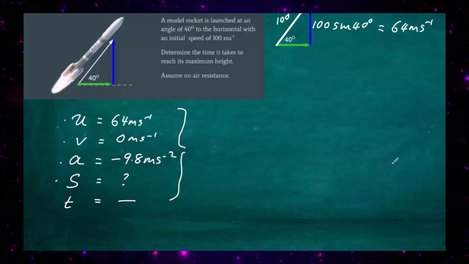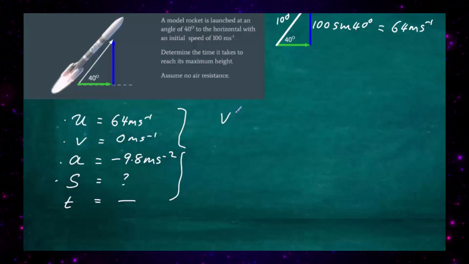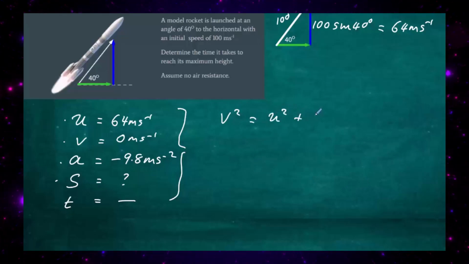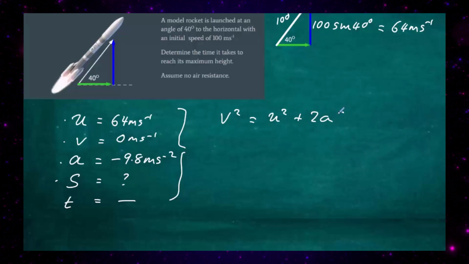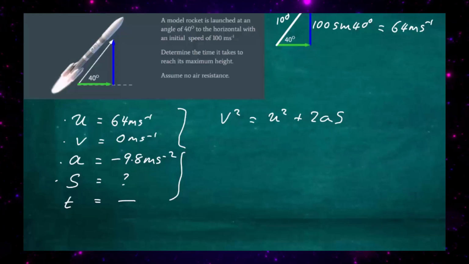So we've got to use the equation with all those variables in it, and we choose this equation here: V squared equals U squared plus 2 times acceleration times the displacement. Now we're after the displacement, so we have to rearrange that equation, and you have to practice this.